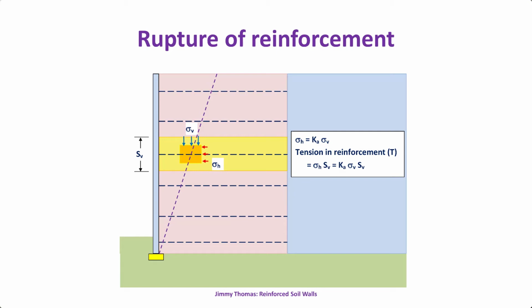Then we assume this reinforcement resists the horizontal stress in this area. We take the midway point between these two layers, similarly the midway point between these two layers, and this becomes the tributary area, which we call SV. So Ka into sigma V into SV. It's a very simple calculation. So this will give me the tension.